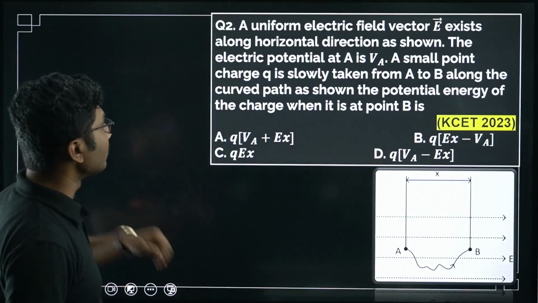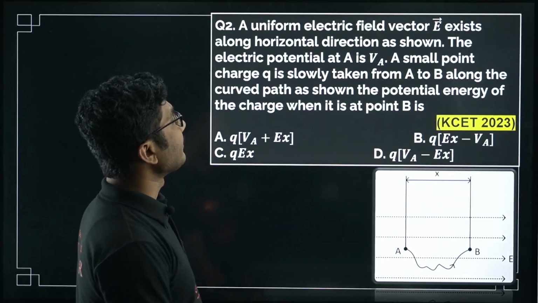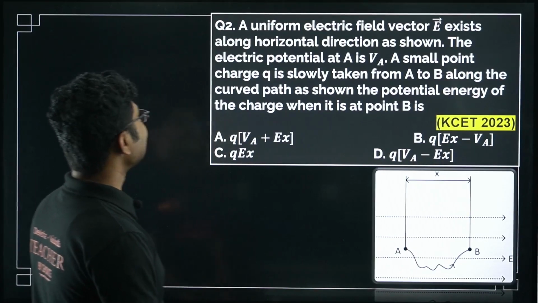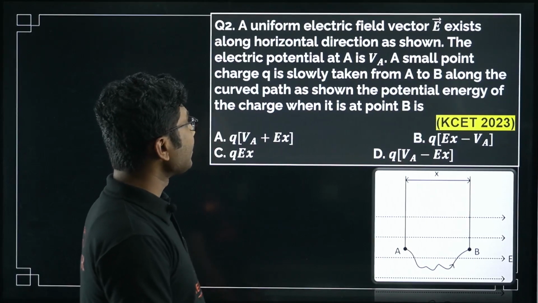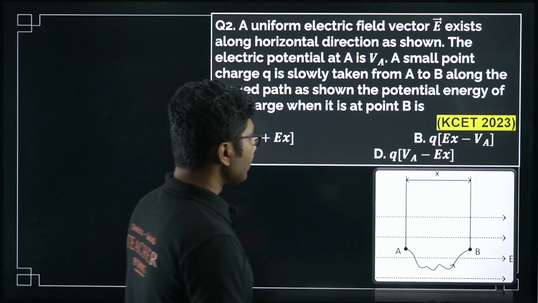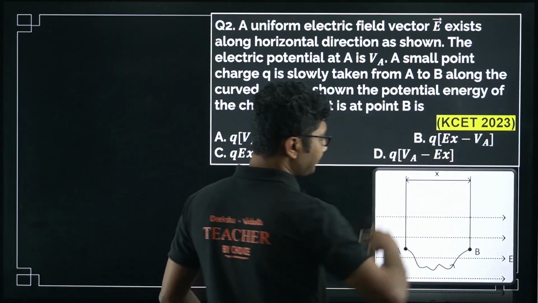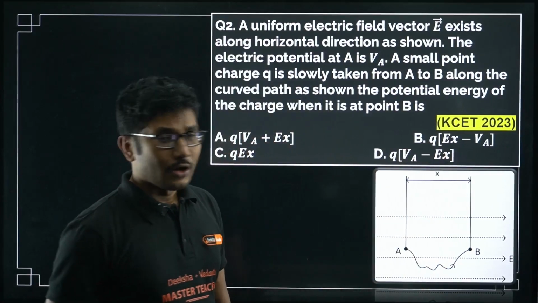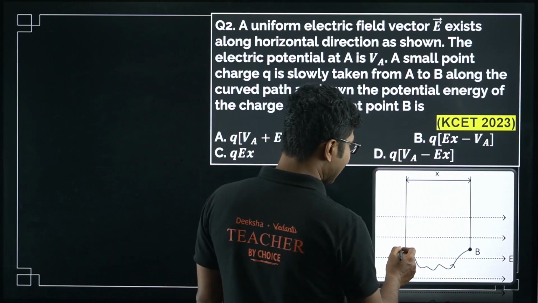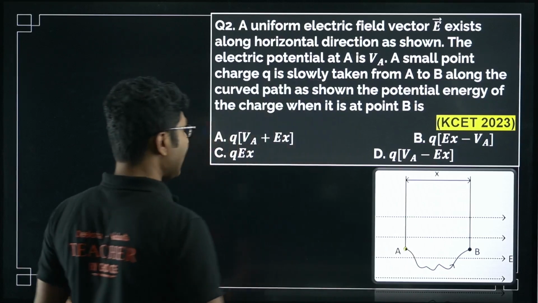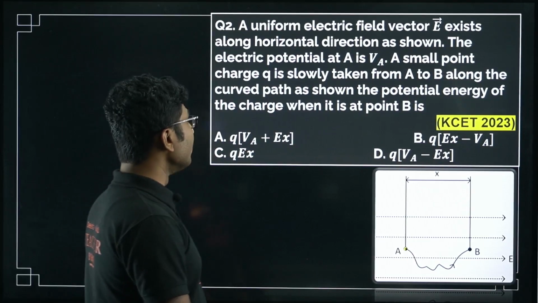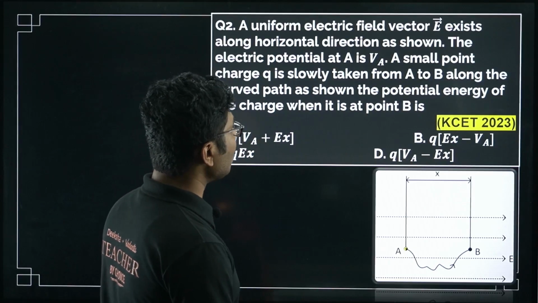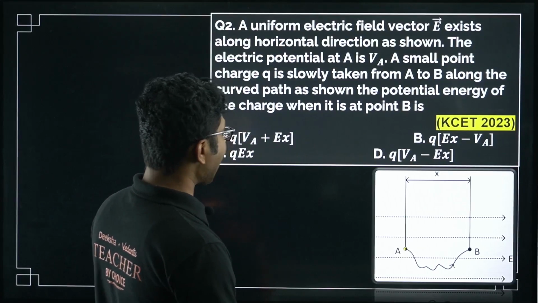Now next question, let's look into this. A uniform electric field vector E exists along the horizontal direction as shown. The electric potential at A is VA. So here we have an electric field, and the electric potential at A is given by VA. A small point charge Q is slowly taken from A to B along the curved path as shown.